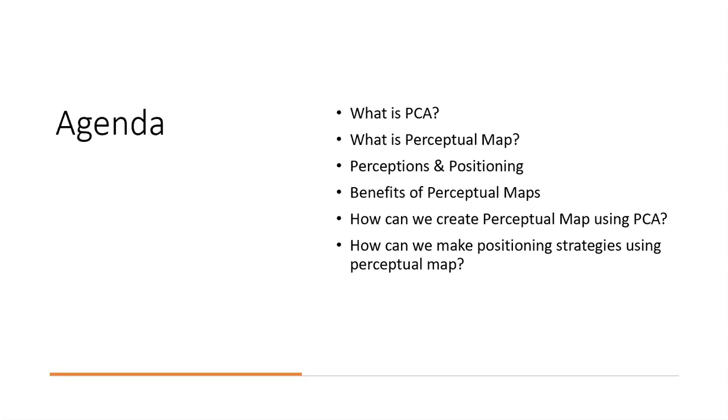So, the agenda here is to understand what is PCA, that is Principal Component Analysis, which we will use to create these perceptual maps. To understand what is perceptual map, the relationship between perceptions and positioning, benefits of perceptual maps, how can we create perceptual map using PCA, how can we make positioning strategies using perceptual map.